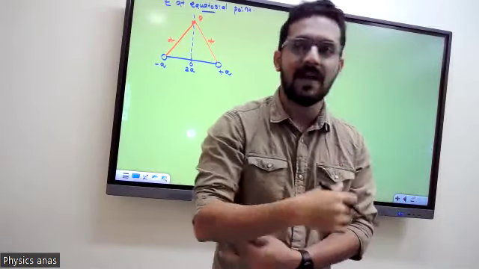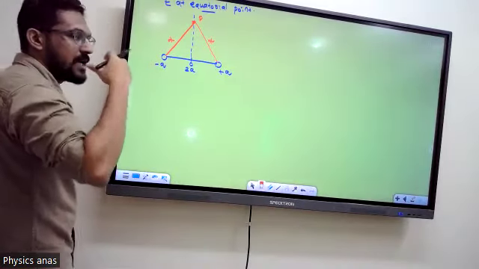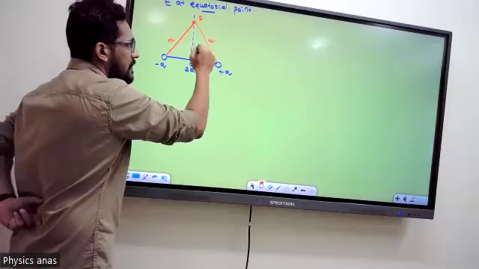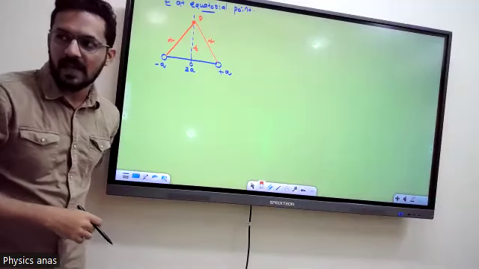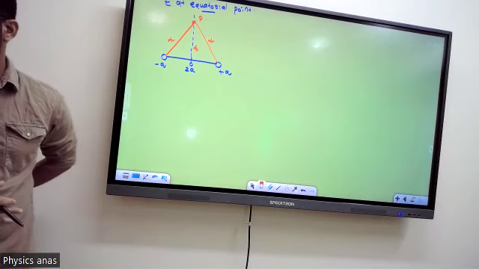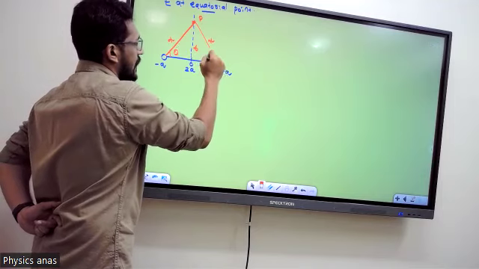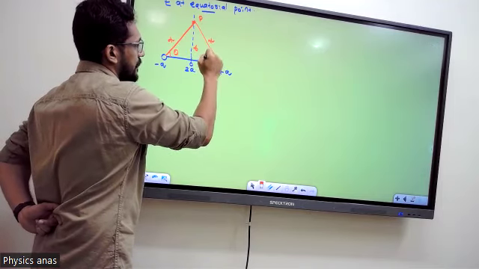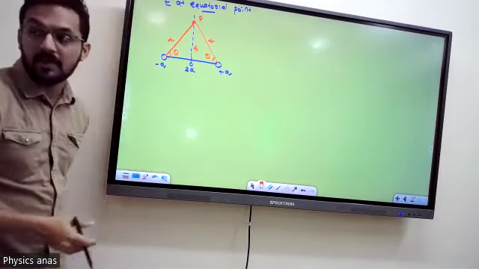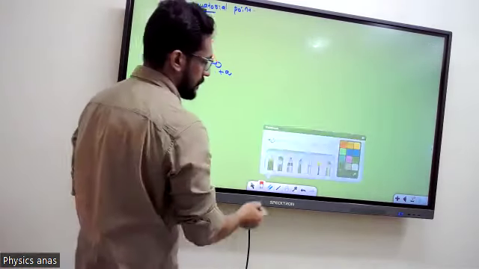Every measurement has to be taken from the midpoint, so that is r. Now this angle is theta and this angle is also theta. Angles will be equal because that's the midpoint.